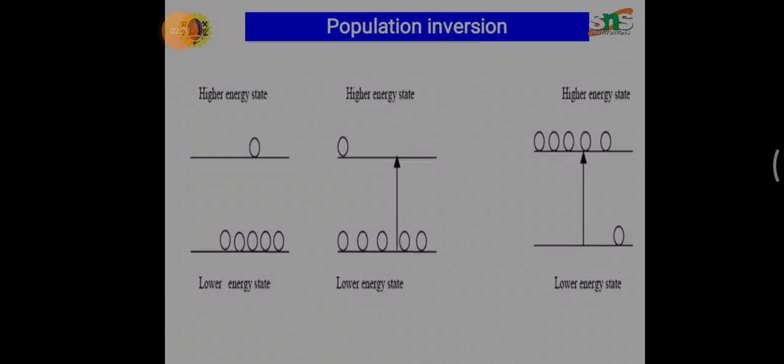We know from the Boltzmann distribution law that N2 divided by N1 is equal to e to the power minus (E2 minus E1) divided by kBT.